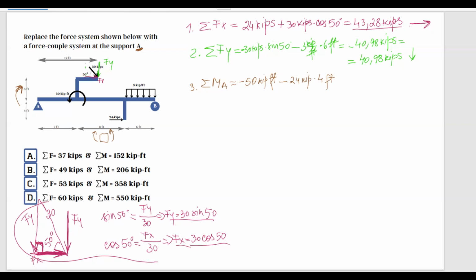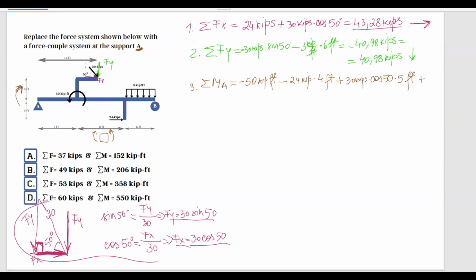I'm going to take the Fx, which is going to rotate this clockwise. So now I have plus the x component, which is 30 kips multiplied by cosine of 50, and the arm is 5 feet.